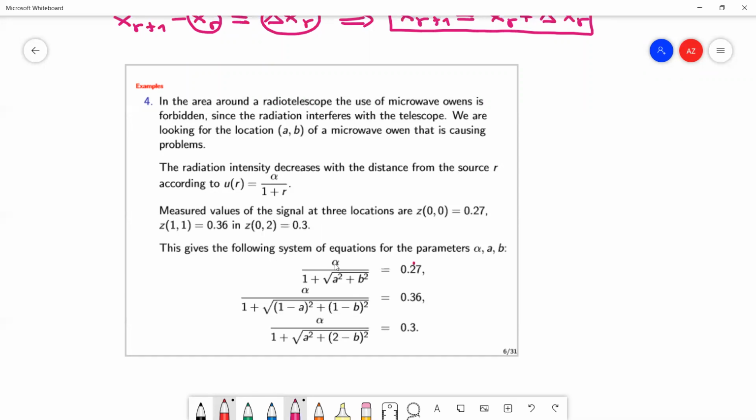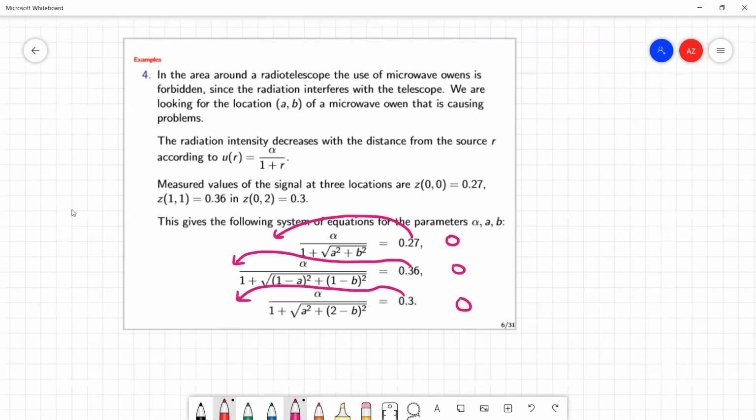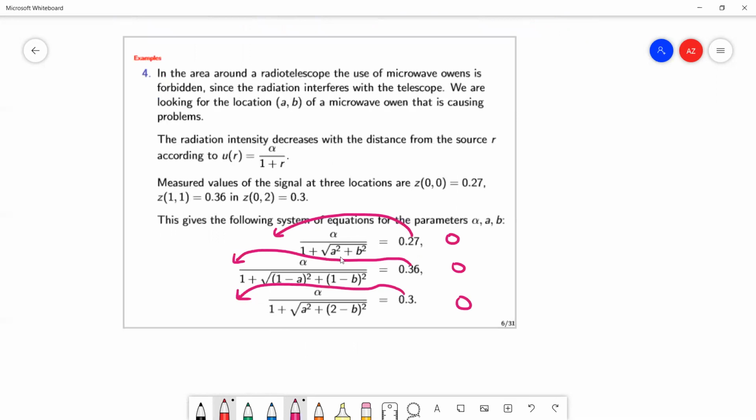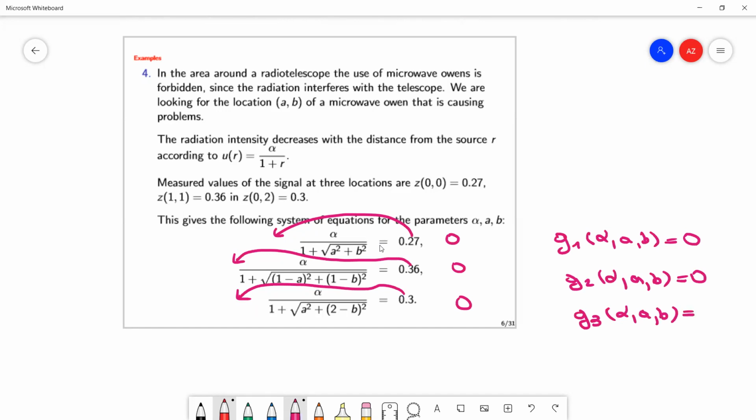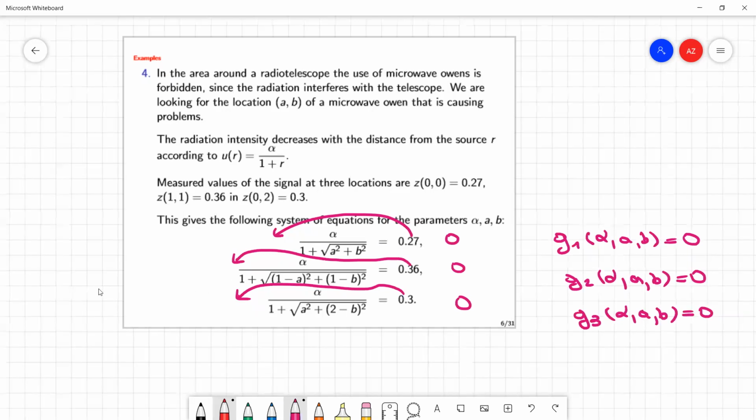First, if you recall, we said that we have to put those values from the right-hand side on the left side so that we have zeros. So our functions are then what remains. The first function will be G1, then the second will be G2, and the third will be G3.